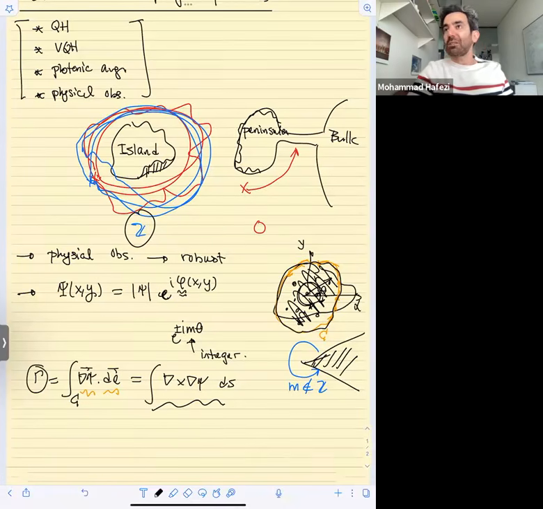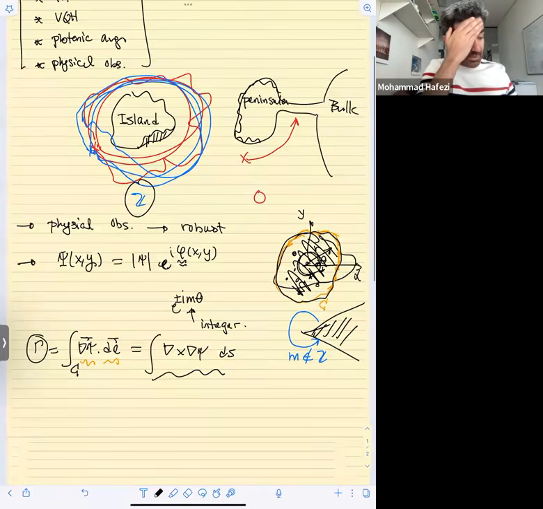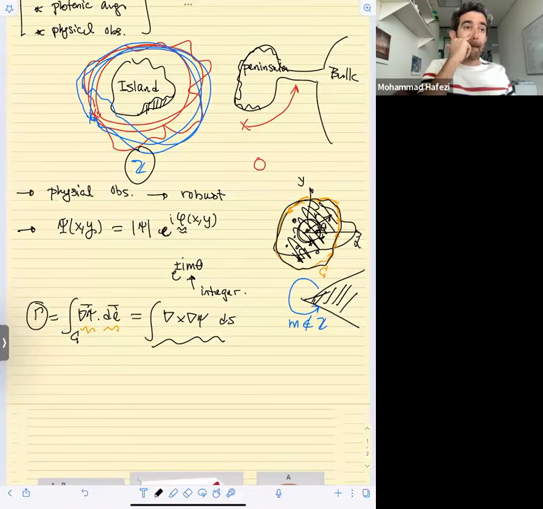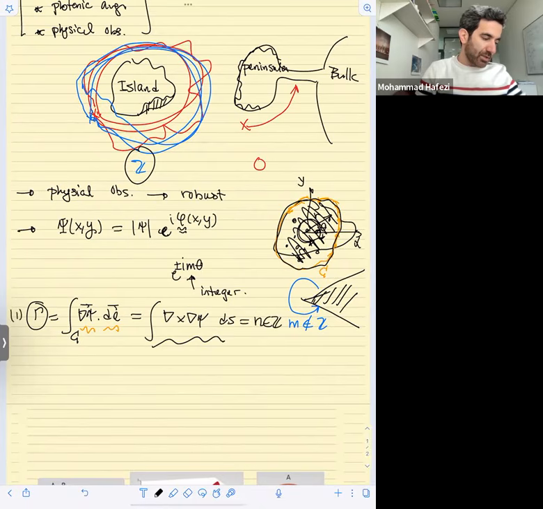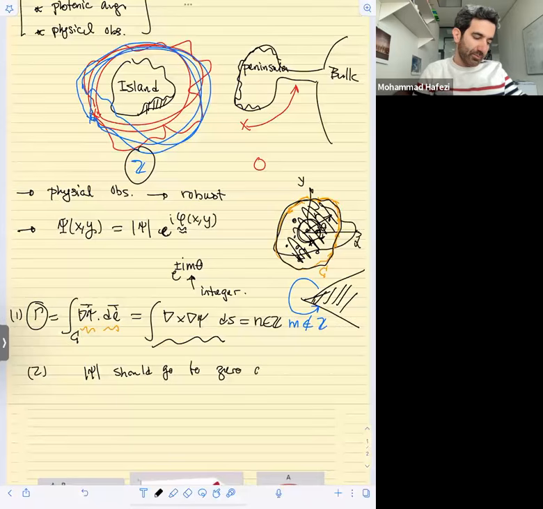So this, you had it in fluid mechanics, you can have it in optics, you can have it anywhere. So there are 2 points: that this guy will no longer be zero, it will be n being an integer. And then the second property is that your wave function should be zero. So this guy should go to zero at some point.